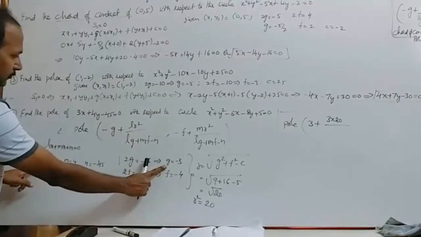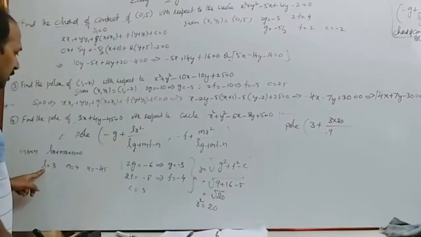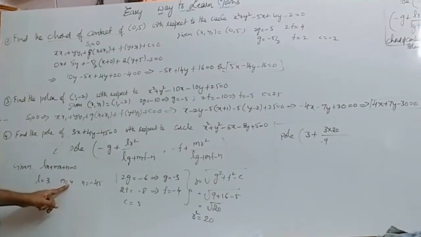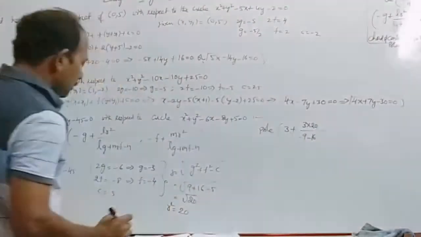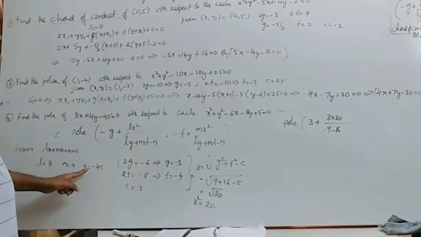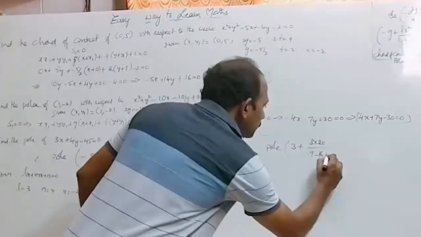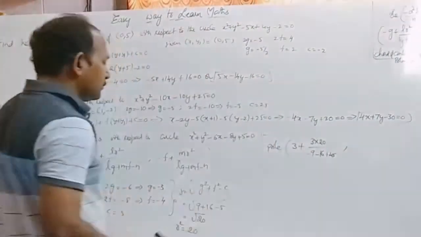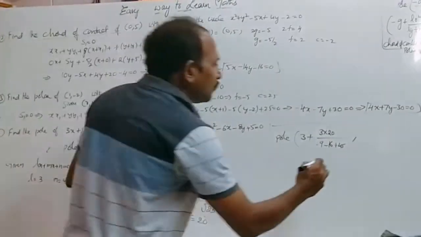Lg, 3 into minus 3, minus 9, plus mf, 4 into minus 4, minus 16, minus n. Here n is minus 45. Minus n becomes plus 45, plus 45, comma.